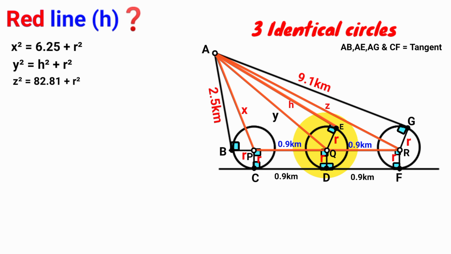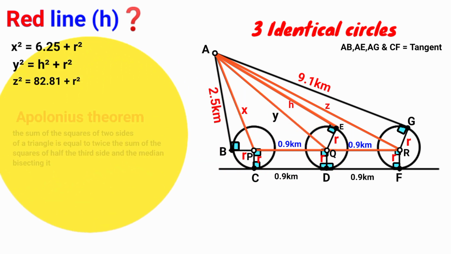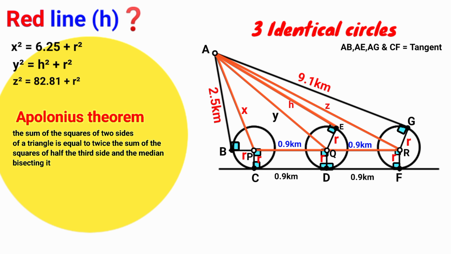Now since it is a median, we apply the Apollonius theorem, which states that the sum of the squares of any two sides of a triangle equals twice the sum of the squares of half the third side and the length of the median bisecting the third side.